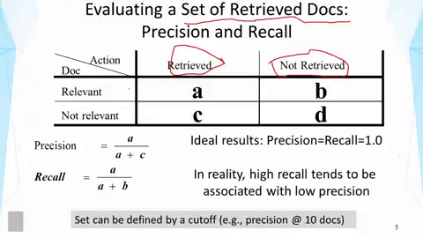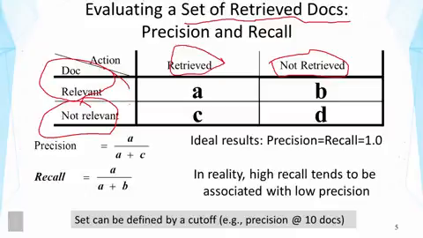A document can be also relevant or non-relevant, depending on whether the user thinks this is a useful document. So we can now have counts of documents in each of the 4 categories. We can have A to represent the number of documents that are retrieved and relevant, B for documents that are not retrieved but relevant, etc.